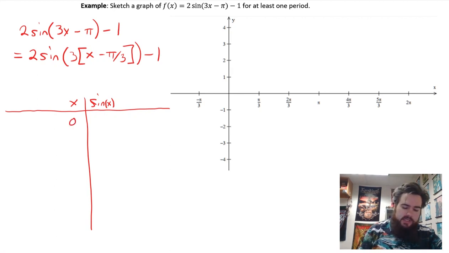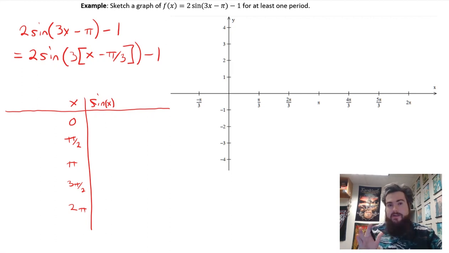So that means 0, pi halves, pi, 3 pi halves, and 2 pi. Sine of x, not this new function, the original just sine of x, has values at these 5 places of 0, 1, 0, -1, and 0.